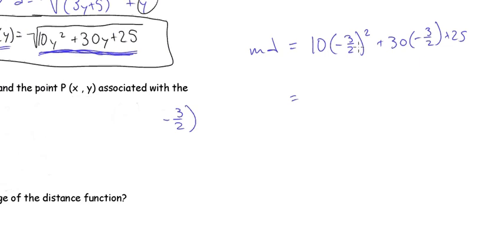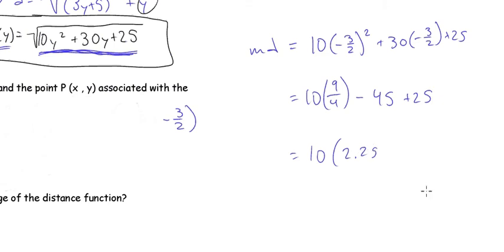So minimum distance is equal to negative 3 halves squared, which is going to be positive 9/4. And then over here, 30 divided by 2 is 15, and 15 times negative 3 is minus 45. And plus 25. Over here, 9/4 is 2.25. Is that right?